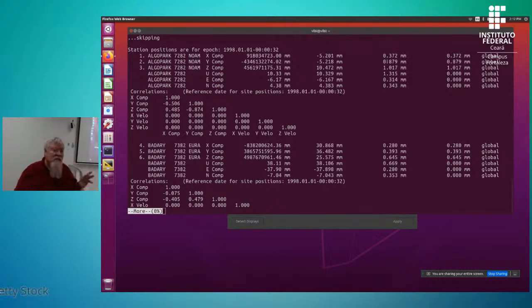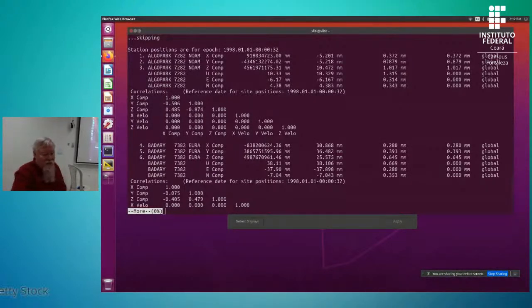And it gives the coordinates in two different reference frames. One is XYZ, a global reference frame where everything is within the same coordinate system. And the other reference frame is a local one, which is up, east, north.